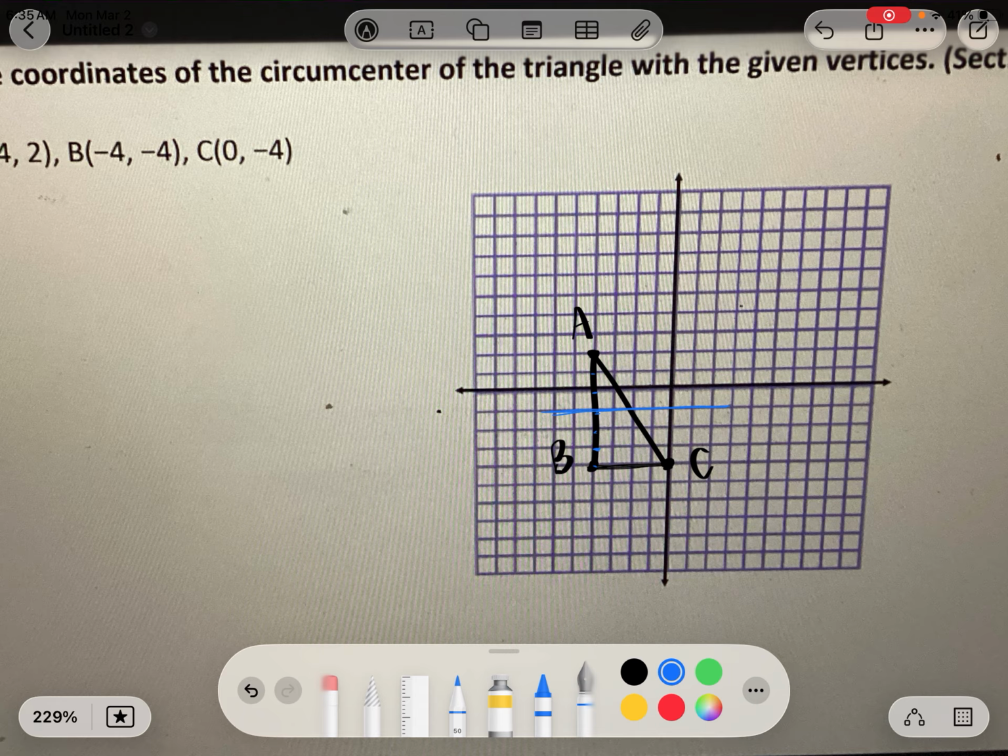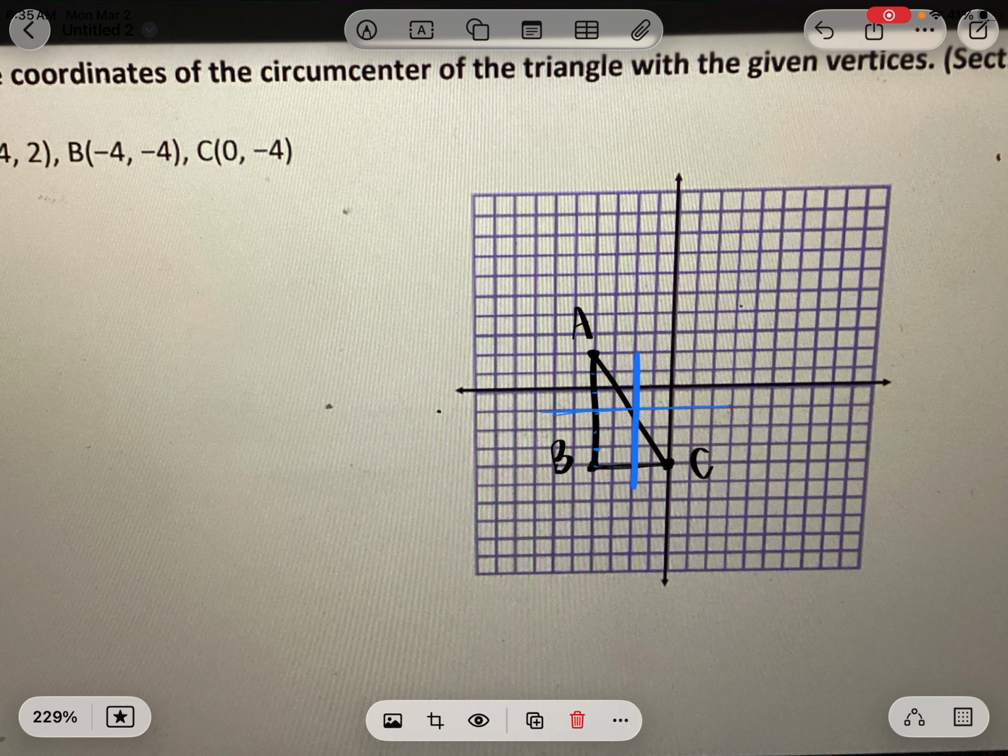Same thing for B. 1, 2, 3, 4. So halfway is 2. And then for this one, when we're going from A to C, it's a little bit trickier, but what can happen is if you make it go with the boxes, it should work out.